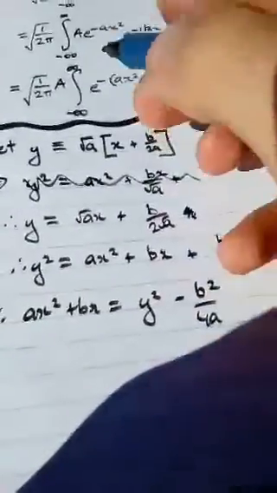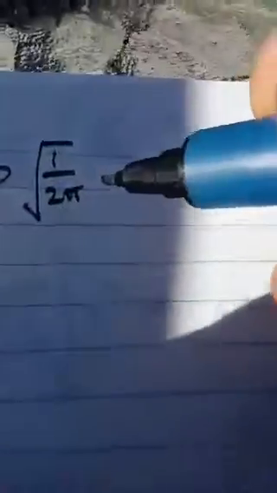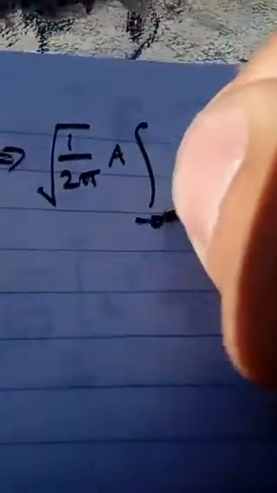So now we come back to the original equation: 1 over 2 pi, all square rooted, with the a outside the integral from minus infinity to infinity of e to the minus ax squared plus ikx dx.